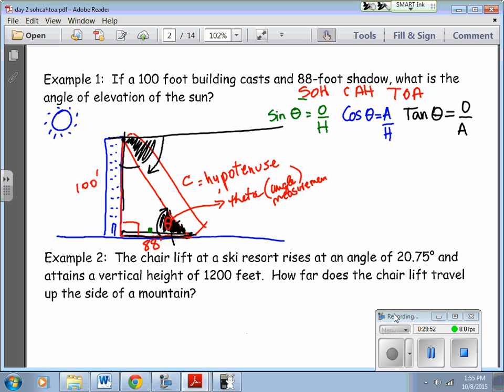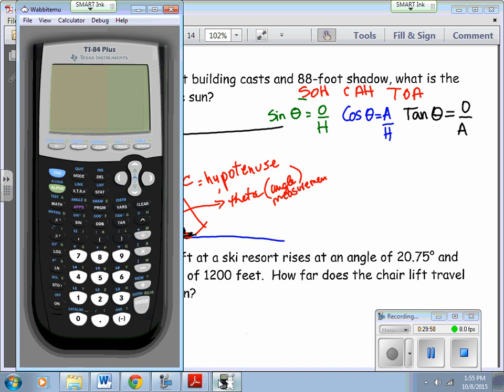So everybody have your calculators? Go ahead and turn on your calculators. From this point on, you guys are going to be using these types of calculators. These are called graphing calculators, scientific calculators.